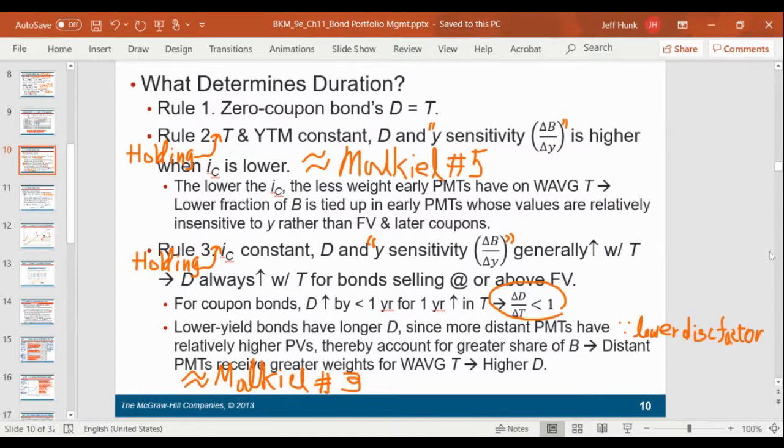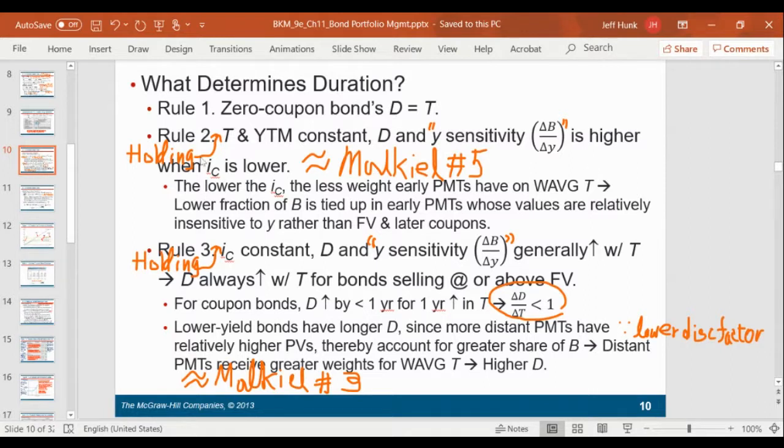But as for the determinants of the duration, there are 5 rules. Rule 1: zero coupon bonds' duration is the same as its maturity. Yeah, we've seen that. No further questions.